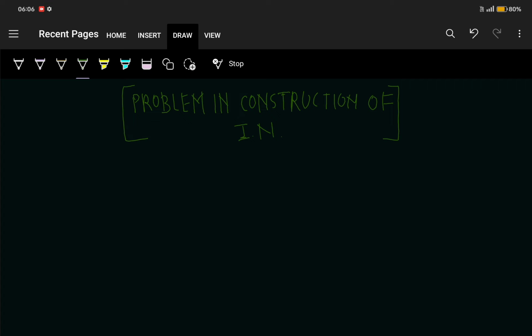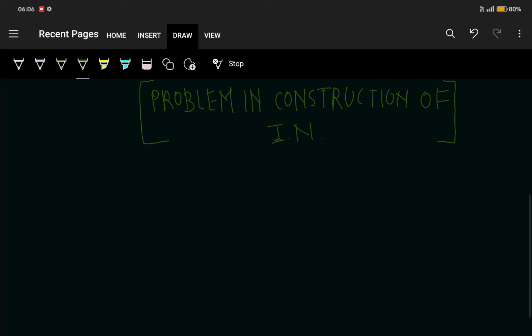Now, the problems in construction of index number. There are a few points. The first point is the purpose of index number. Firstly, we have to know the purpose for which we are constructing the index number.